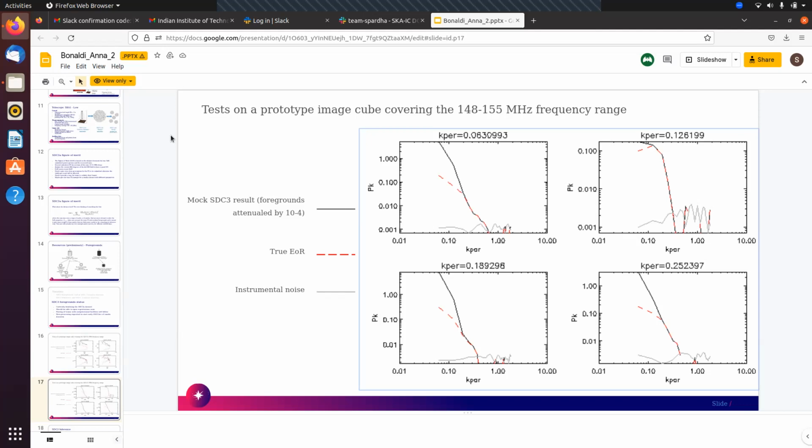Any other questions, for the 21 centimeter thing or the data challenge? What is the computational resource that we are applying for, like CPU, GPU, for the actual thing?